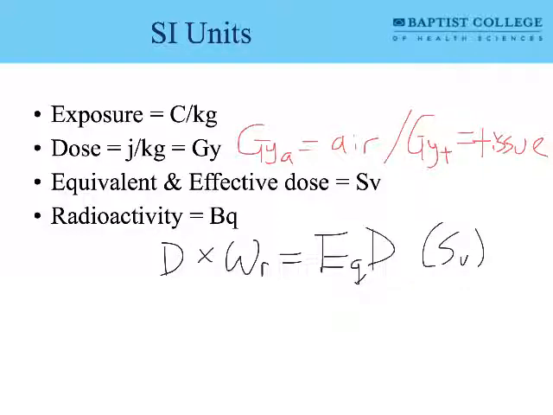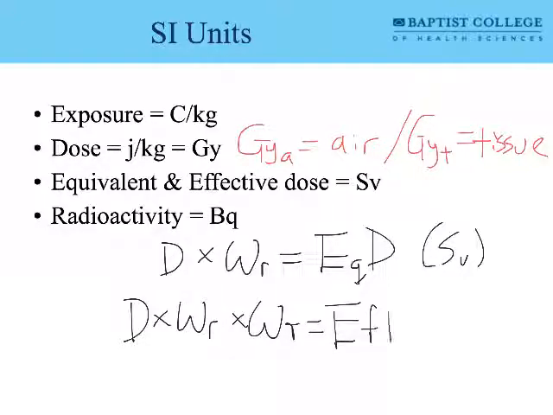That's the equivalent one. The effective one is going to say dose times the weighting factor for the radiation times the weighting factor for the tissue. And that's going to give us an effective dose. That again is also expressed in sieverts. Okay? So if you're talking to a health physicist at any point, I'll stop there.